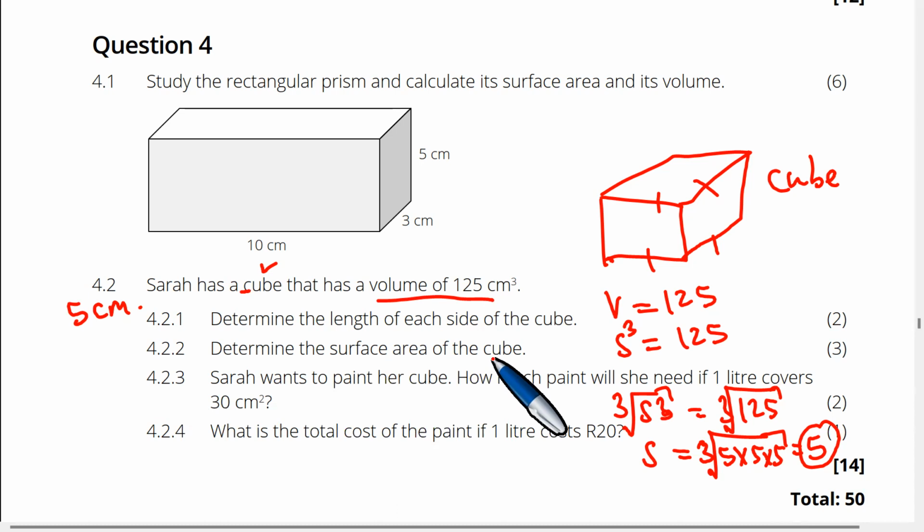Right, determine the surface area of the cube. Let me know what the surface area is, please. Okay, I'm giving you like 3 minutes to do the surface area.